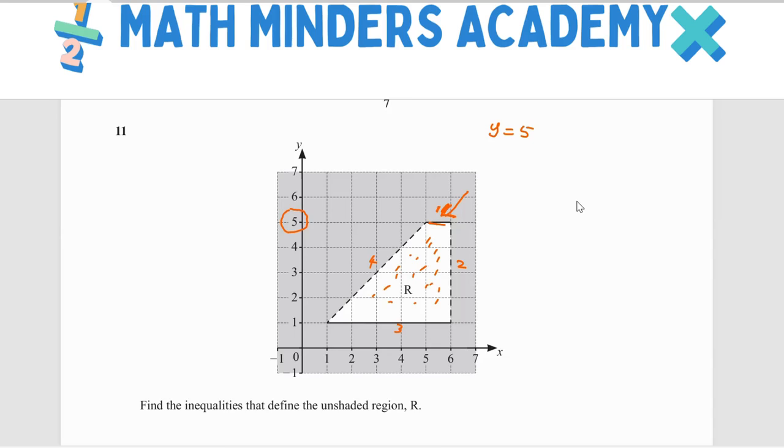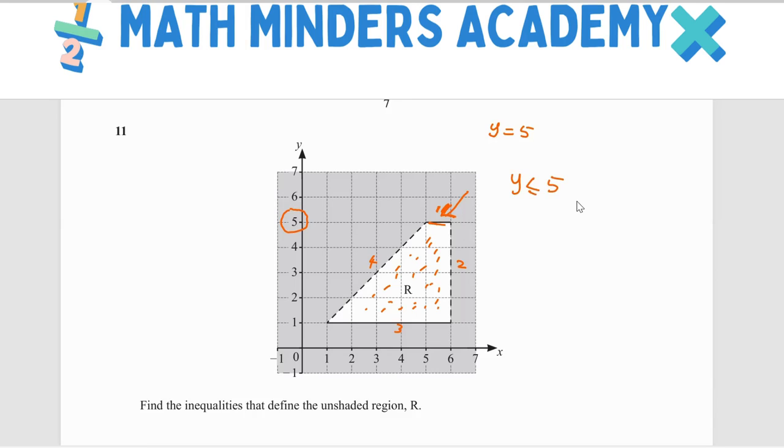All the values of y inside here are less than 5. So the inequality that defines the region bounded by this shape is y less than 5. But we double it because this is thick. The line here is thick.